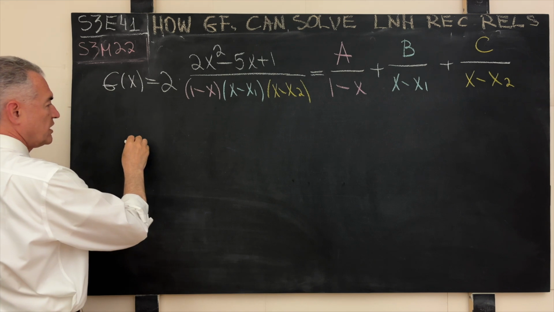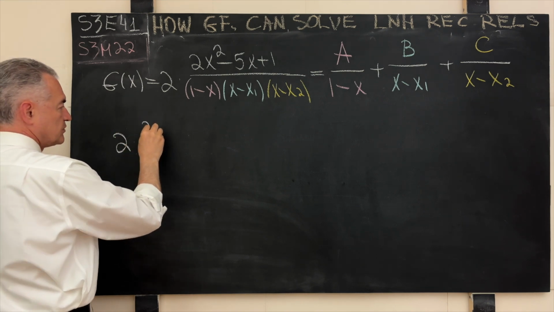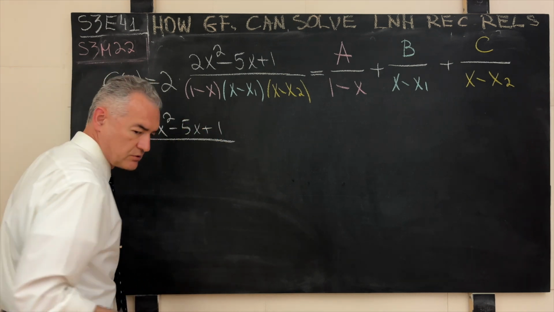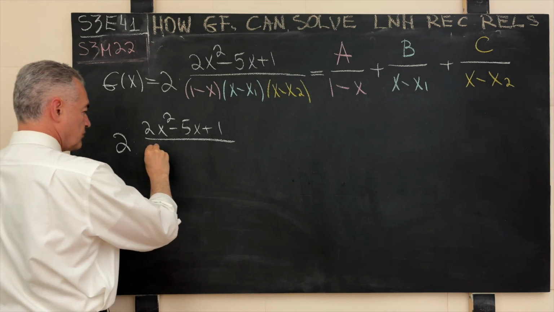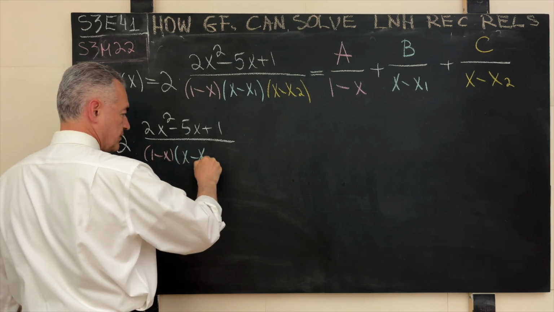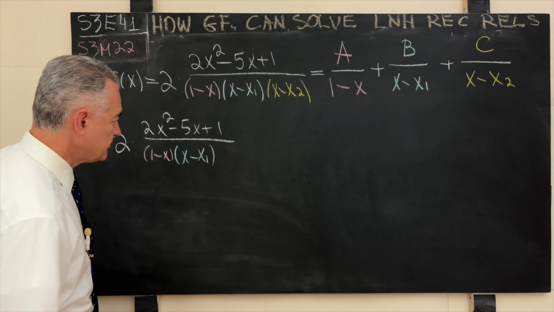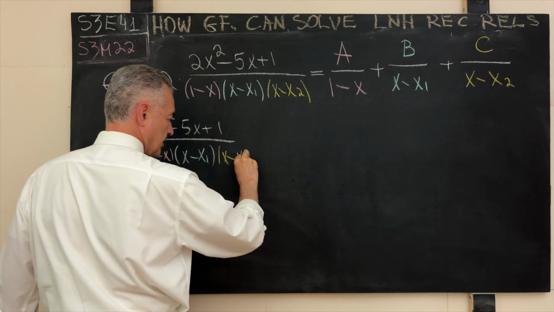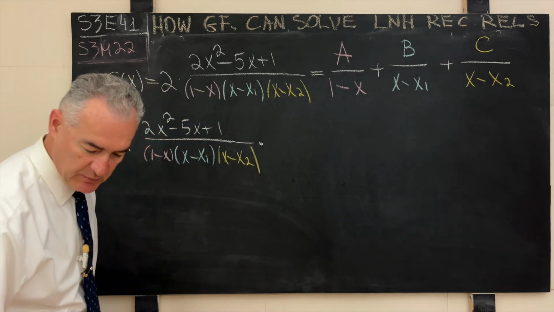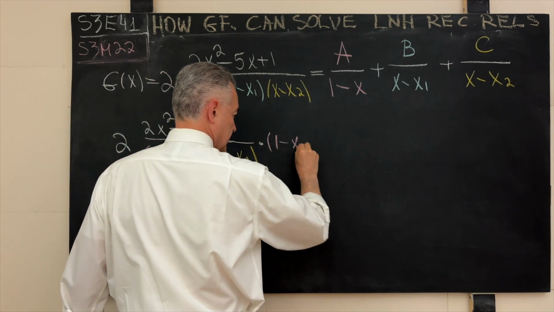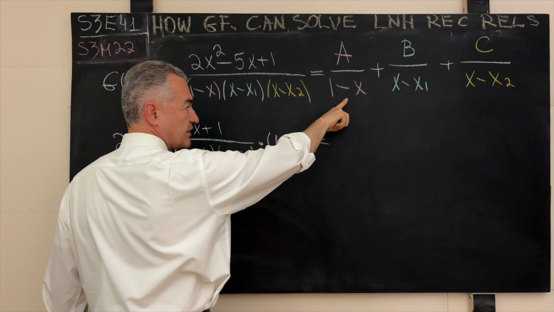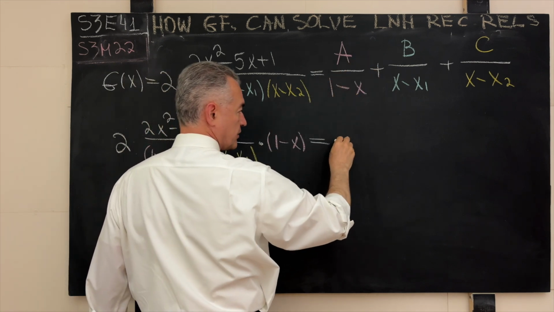So let's write it down. We have 2 times (2x squared minus 5x plus 1) over 1 minus x times x minus x1 times x minus x2. That's how it works. And then we multiply this by 1 minus x. So far, so good. Now, what will we have on the right side? 1 minus x in the denominator and 1 minus x in the numerator will cancel out.